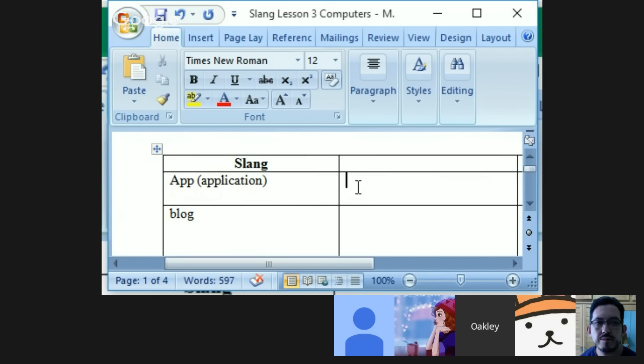Hey, Jesus, can you form a simple sentence with the slang word app? Okay. Last night I tried to download an app, but I couldn't because my internet connection doesn't work. Okay. All right.